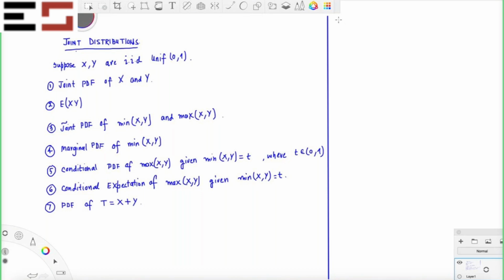Okay, so first one, which is going to give you what? It is going to give you 1 when x is between 0 and 1 as well as y is between 0 and 1, and 0 otherwise.